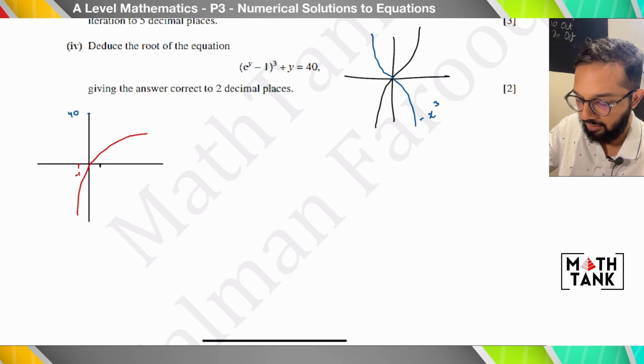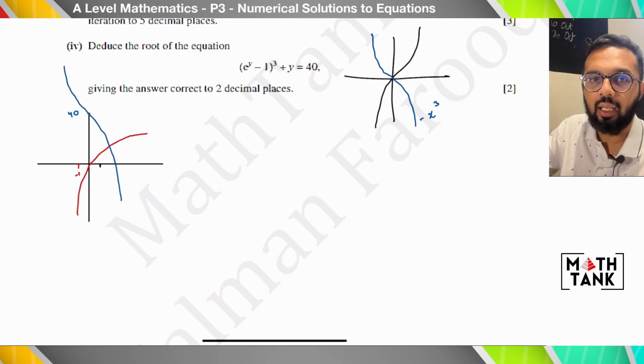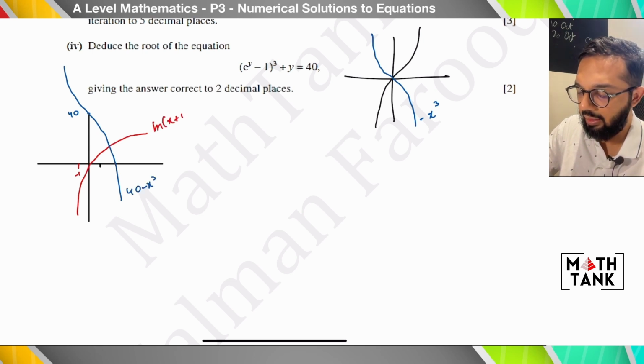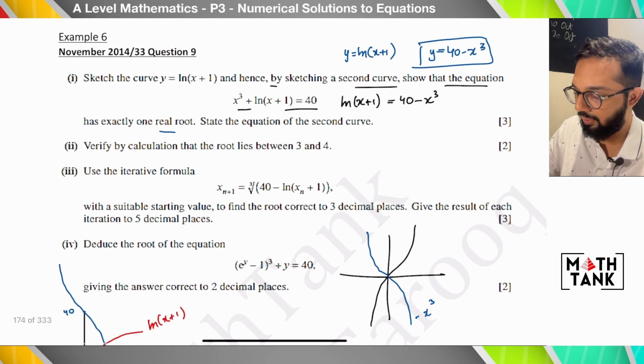I cannot draw an accurate graph here because 40 is too large for me to handle right now. So that is what the graph of 40 minus x cube will look like. That is the graph of ln x plus 1, and that should be enough for you to get these 3 marks.